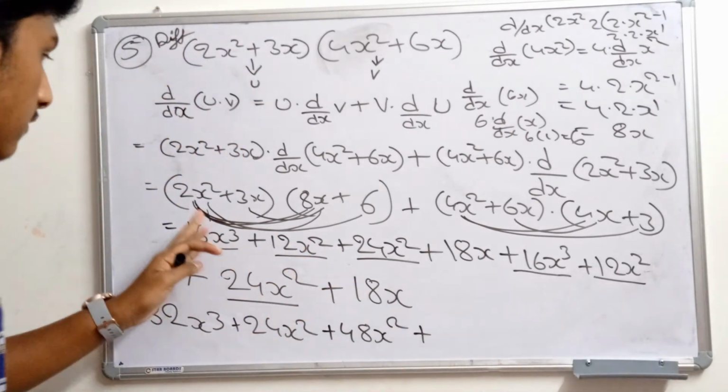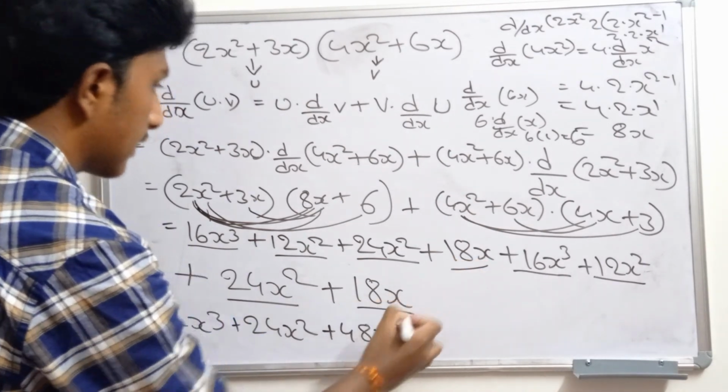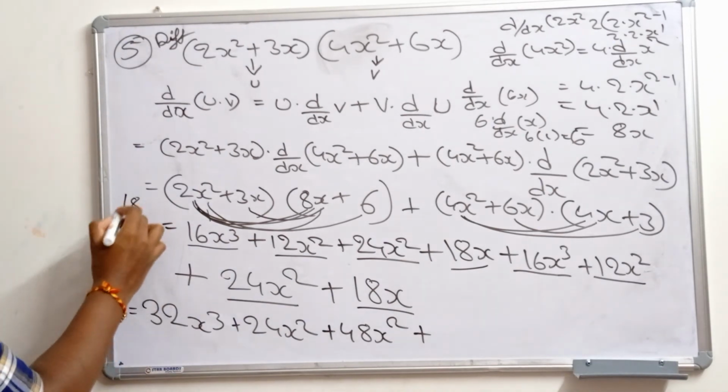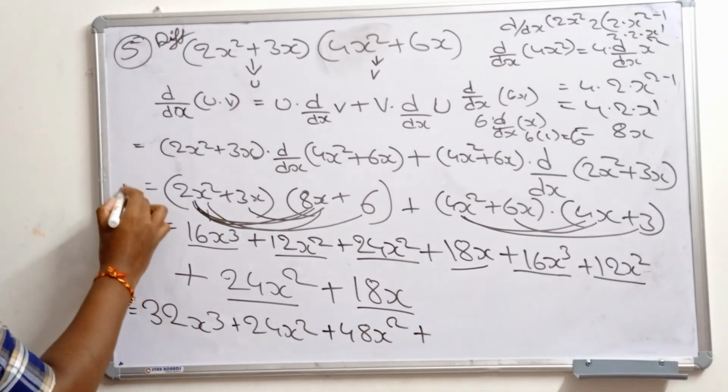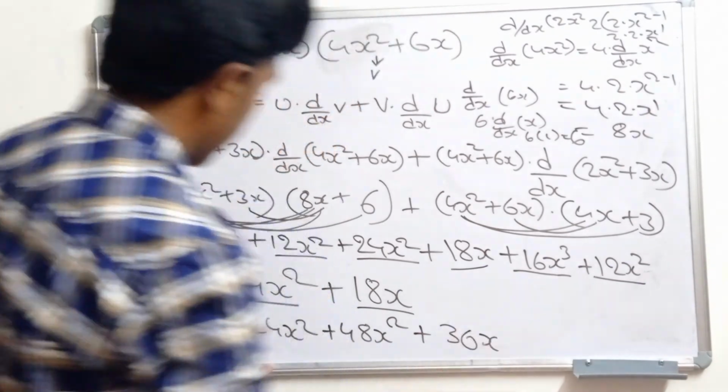We have completed the x cube and x square terms, and we'll be coming to x. 18x and 18x means 36x.